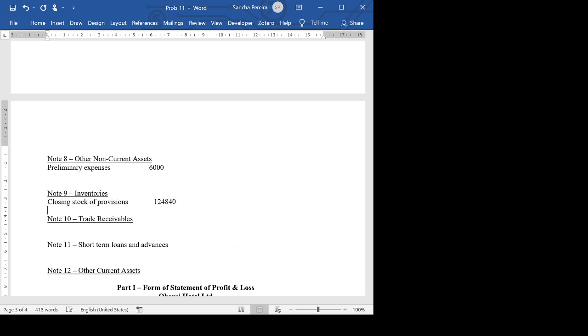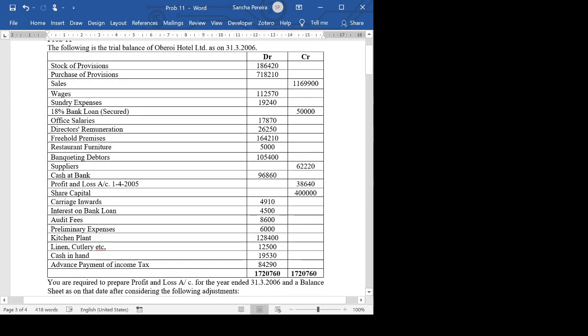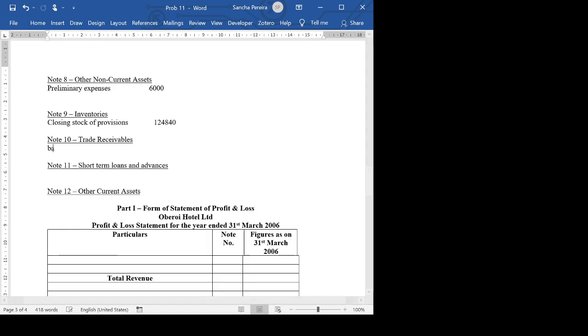Then we have trade receivables. We have what they've called banqueting debtors, 1,05,400. Okay, inventories, trade receivables.